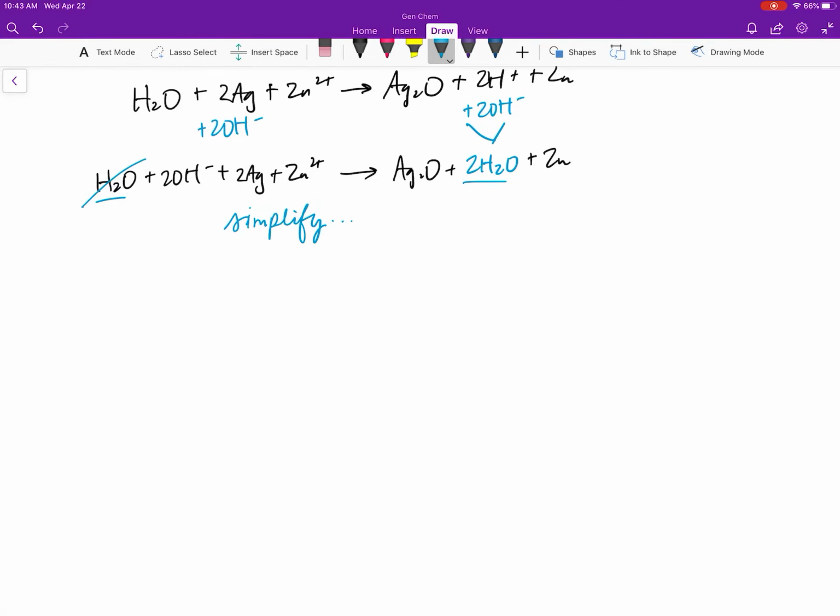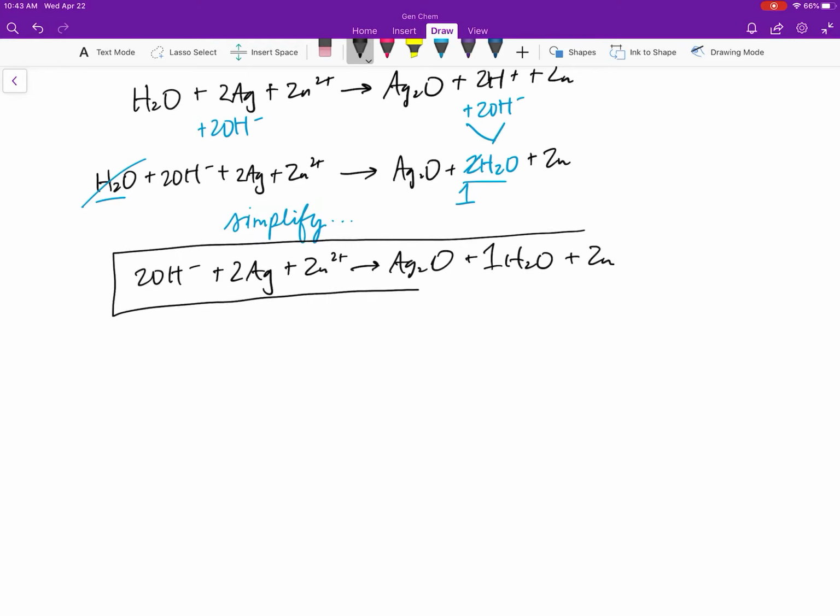I'm going to get rid of the one on the left, and the one on the right is going to go to 1. So my final answer is this equation right here. And this is balanced in a basic medium.